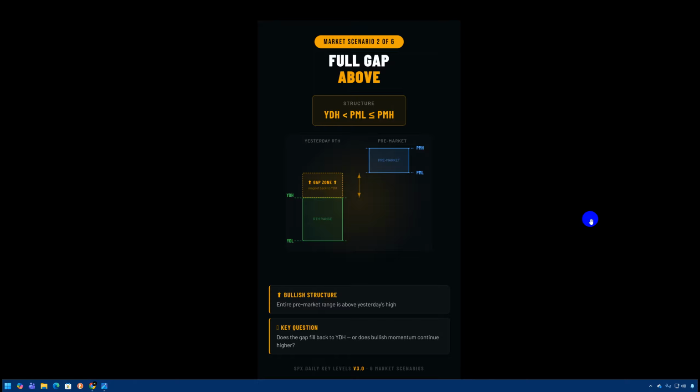In these scenarios, the size of the gap matters as to which are the most important key levels to watch during this type of session. So whether you have small to medium gap ups where PMH is close to YDH, or large gap ups where PMH is significantly above YDH, the size of the gap will determine what type of price action you are most likely to see.